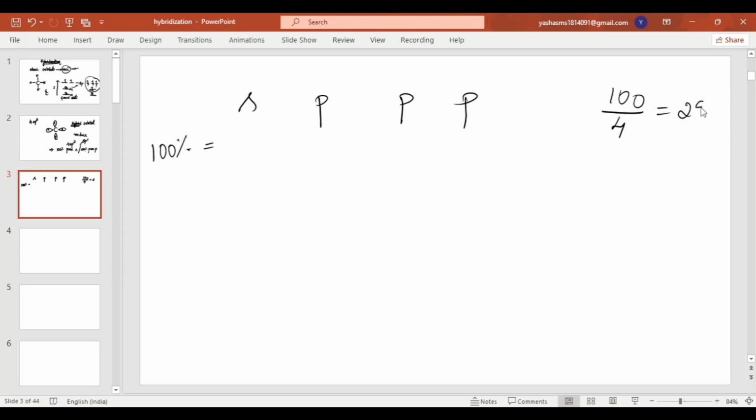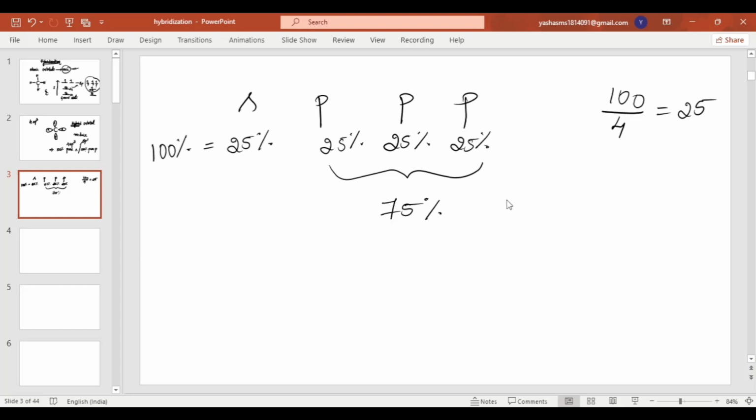Each one contains 25%. So 25% of s character is there. Here 25% of p, 25%, and this one also 25%. For p orbital I have to add all of these, then it gives 75% of p character, and 25% of s character.